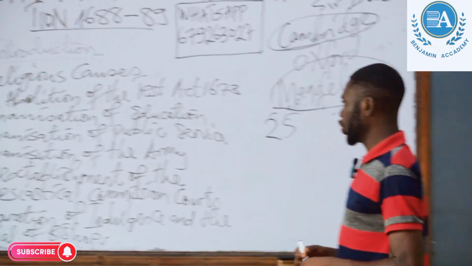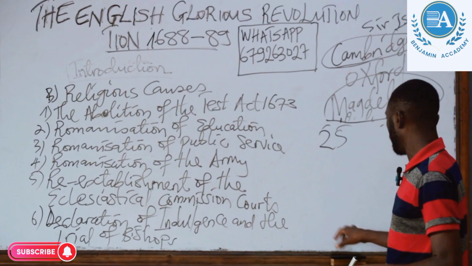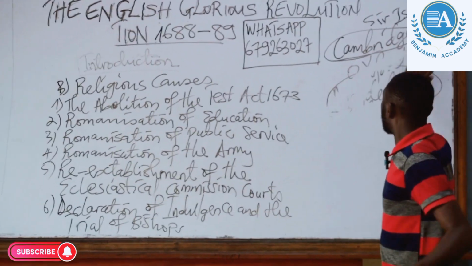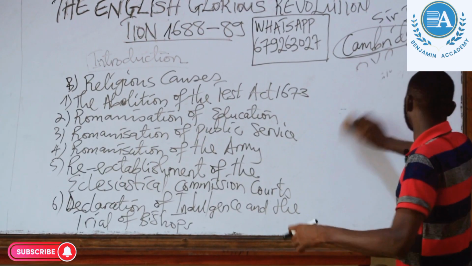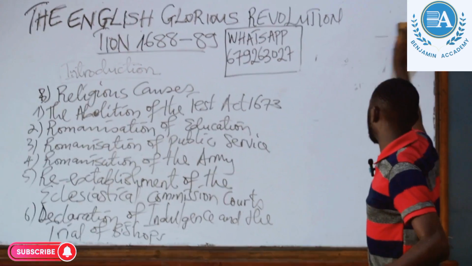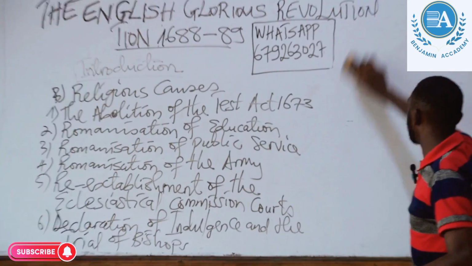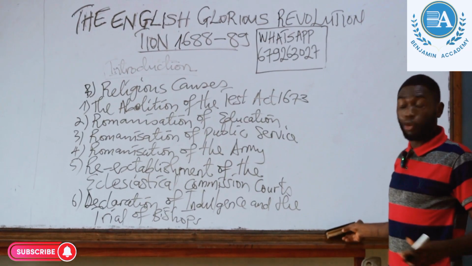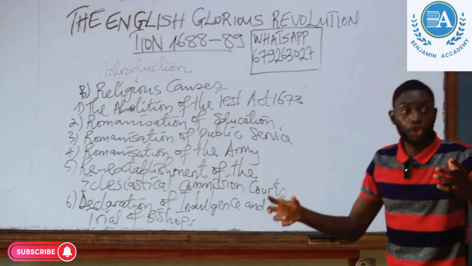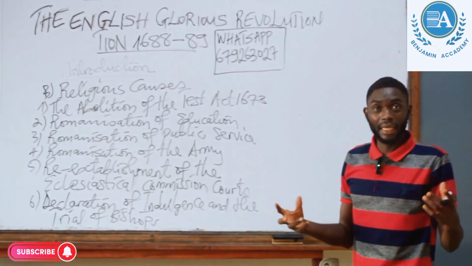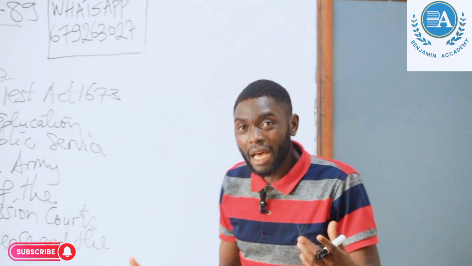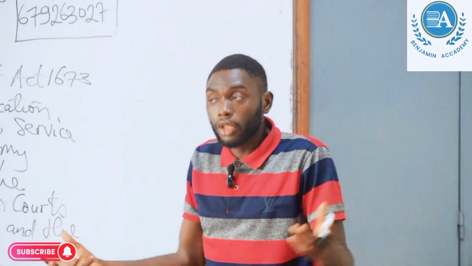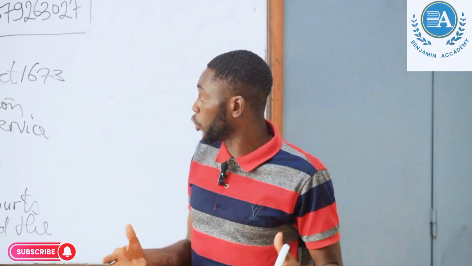The third religious reason is the Romanization of the public service. The public service in England was Romanized by James. When James came to power, he made things very difficult for Protestants to get promotion in the public service in England. He made it much easier for Catholics to be recruited into the British public service as well as to gain promotion.